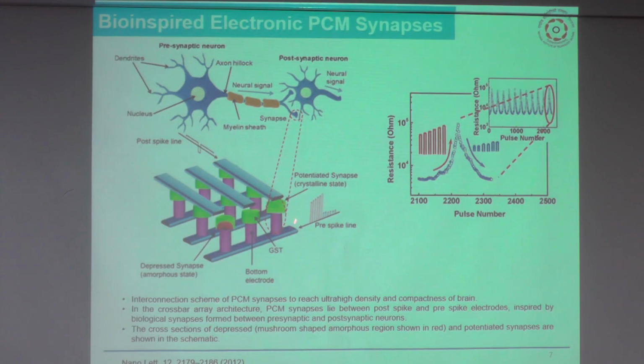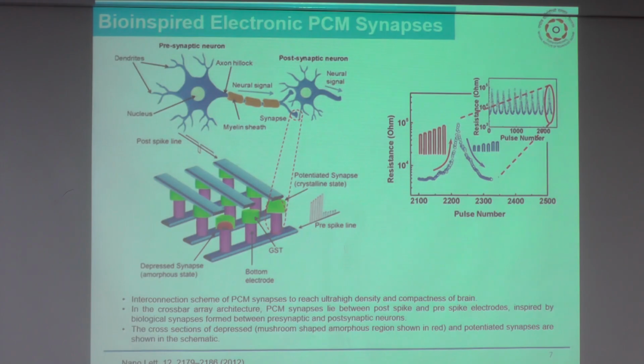if we talk about it electronically, your phase change device can be used as a synapse. Okay, so how can this be done? In my previous lecture I showed you that when you provide suitable electrical pulses, or even optical, the material changes its state and you can easily control it.